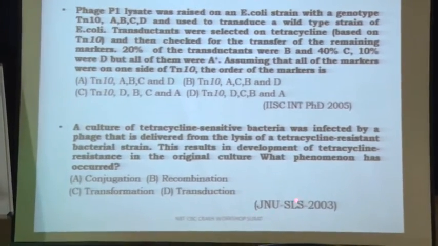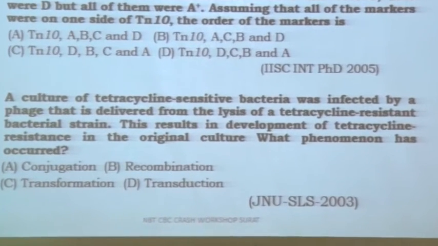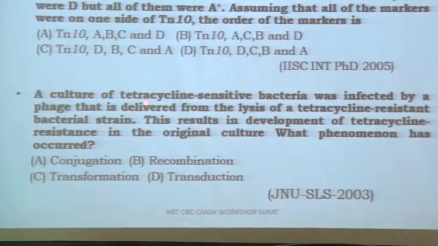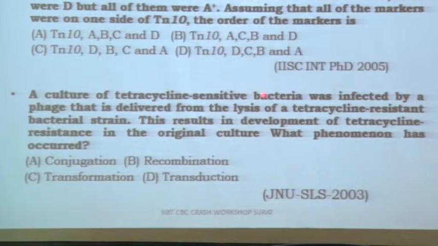This question is asked in JNU exam 2003, that a culture of the tetracycline sensitive bacteria was infected by a phage that is delivered from the lysis of the tetracycline resistant bacterial strain. This result in the development of tetracycline resistance in the original culture.